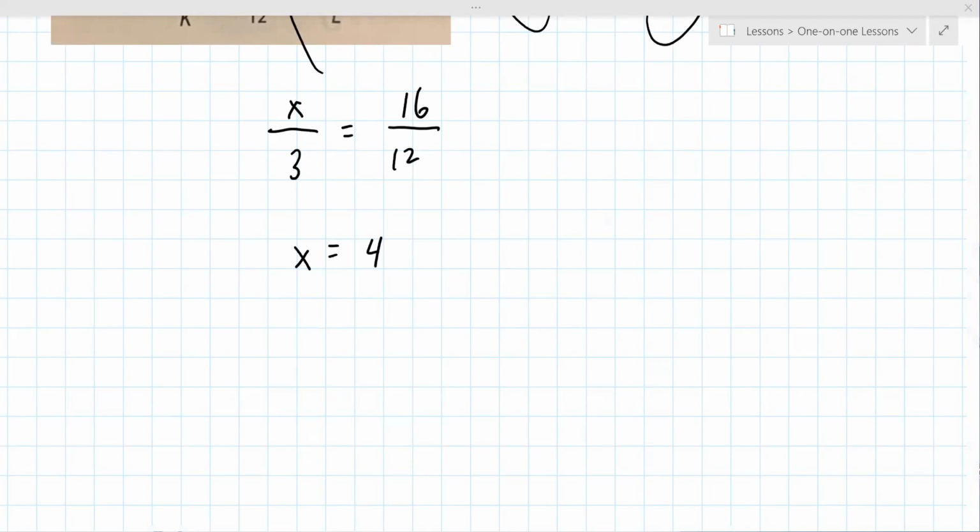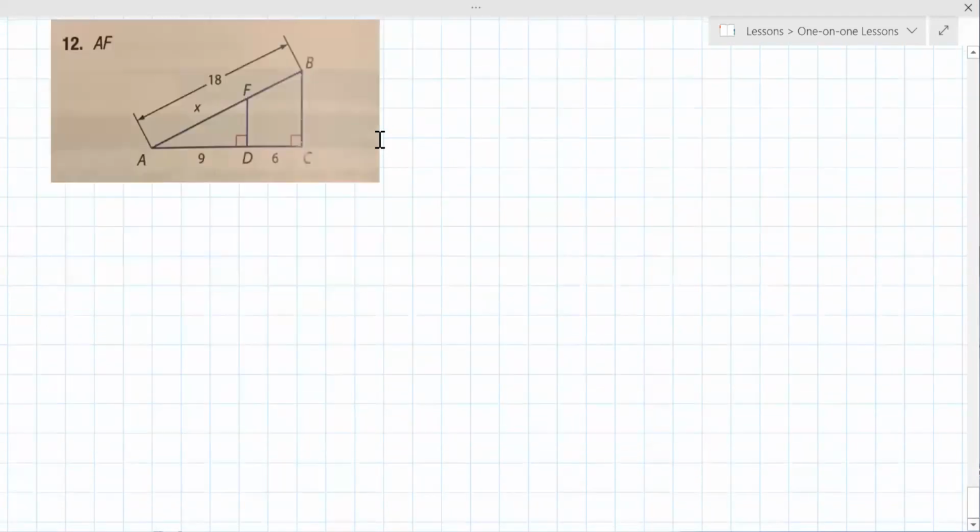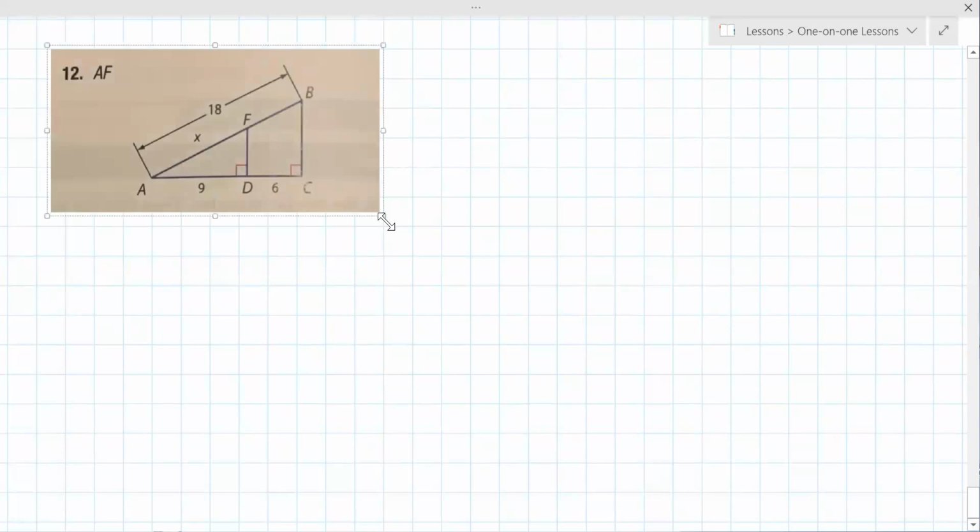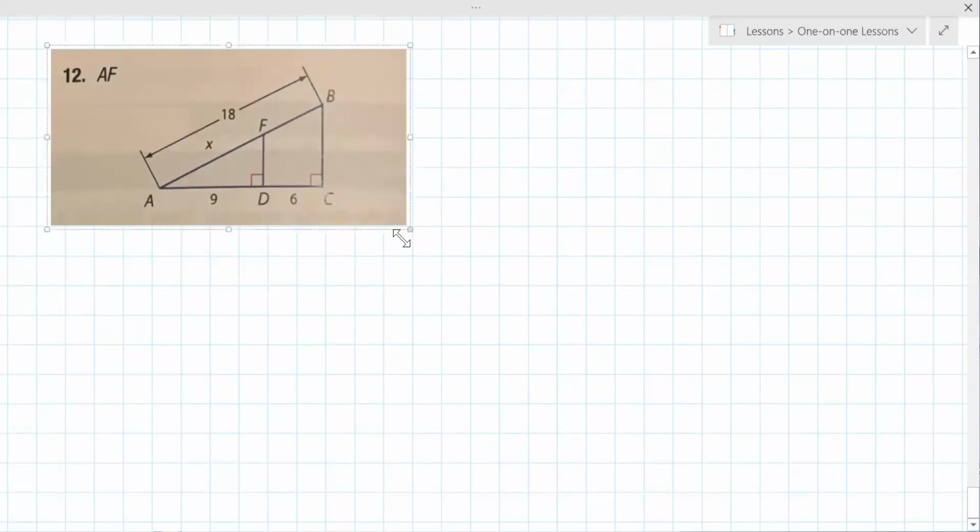All right, so 12 is a little bit more challenging, but let's see if we can do that here. I often say it's this side right here to the whole side right here.